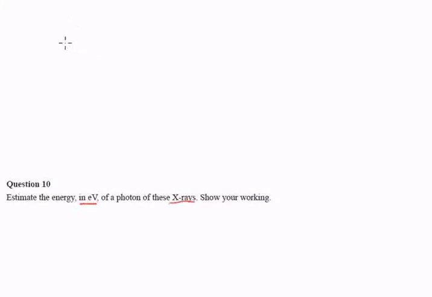So this is a plan of my working. They've given me the electron volts of the electron. I'm going to turn that into joules. Then, from that energy in joules, I'm going to find the momentum. From that, I'm going to find the wavelength of the electron.